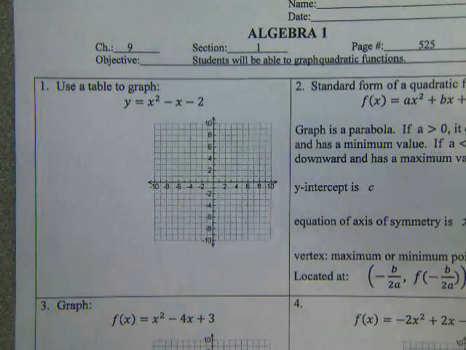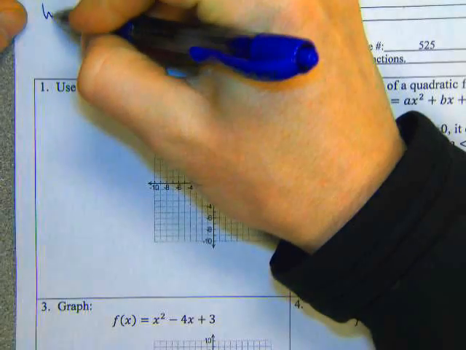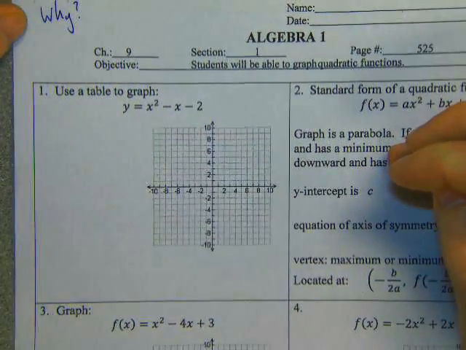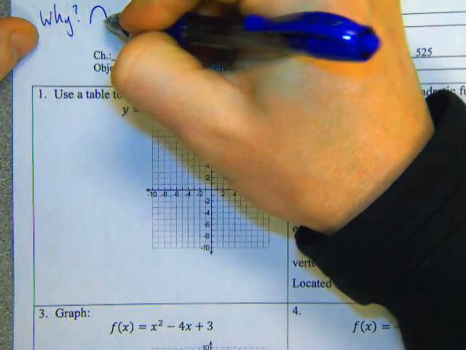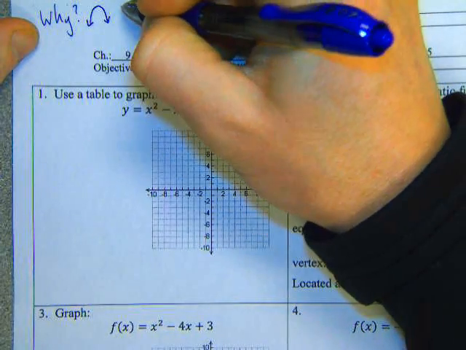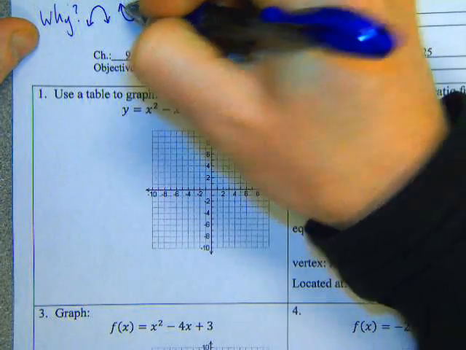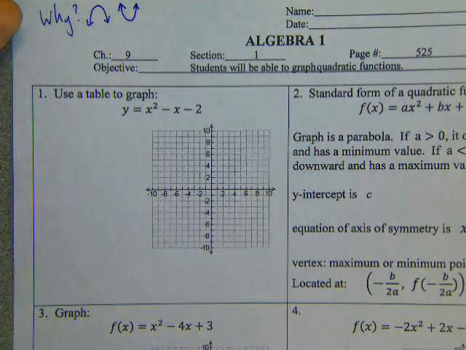And I want to start with why we are doing this. Quadratic functions produce a graph called a parabola that looks like this and like this, and has applications.